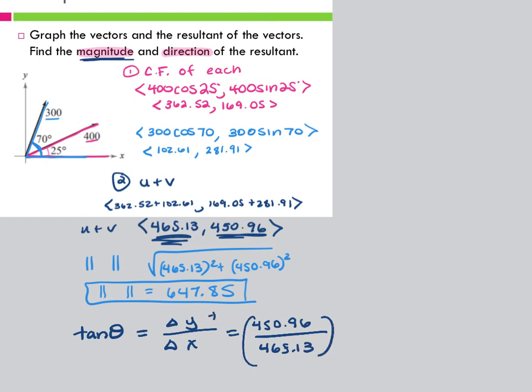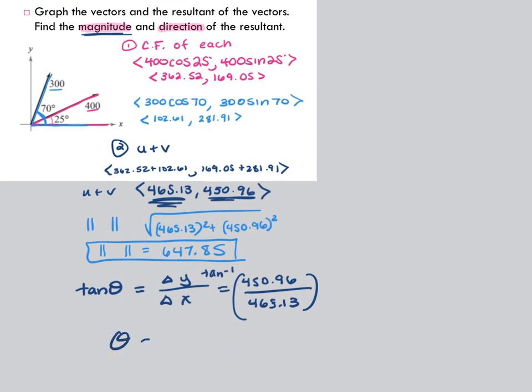And I have to inverse tangent that. So tan negative 1 of 450.96 divided by 465.13. And I get the angle formed would be 44.11 degrees. So this question asked for the magnitude and the direction. Magnitude is the length, direction is the angle.